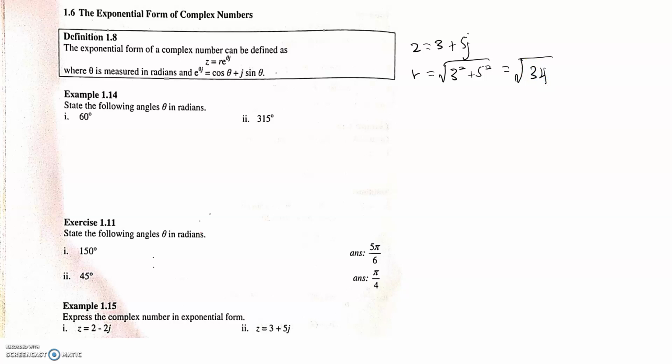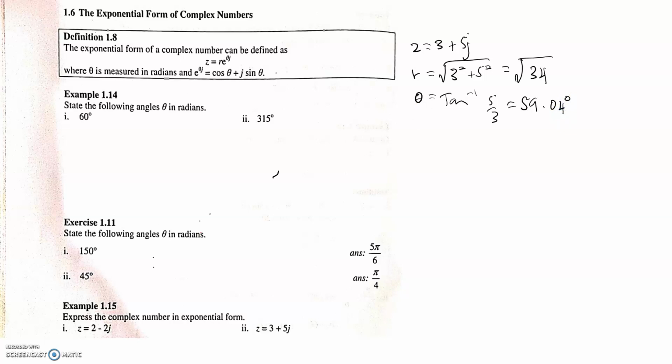Right, and then for the angle theta, it is tan inverse of 5 over 3, which is in the first quadrant, so 59.04 degrees. So this is the angle theta.